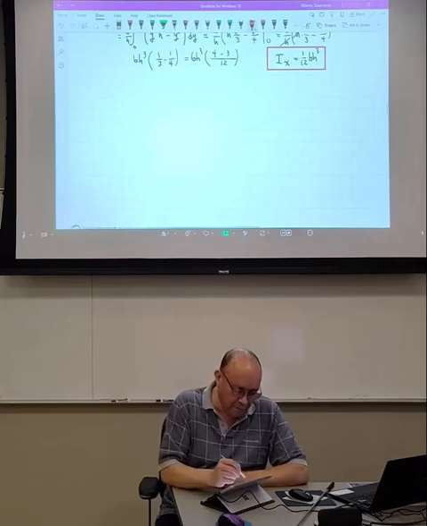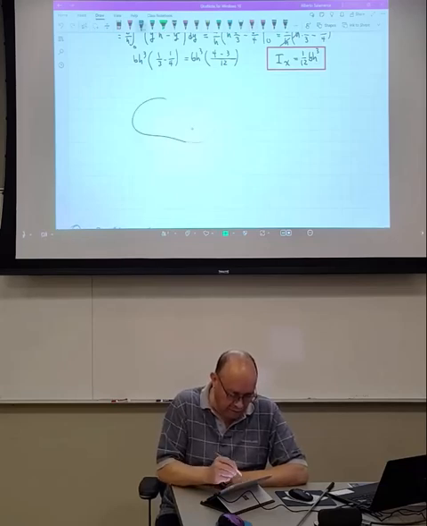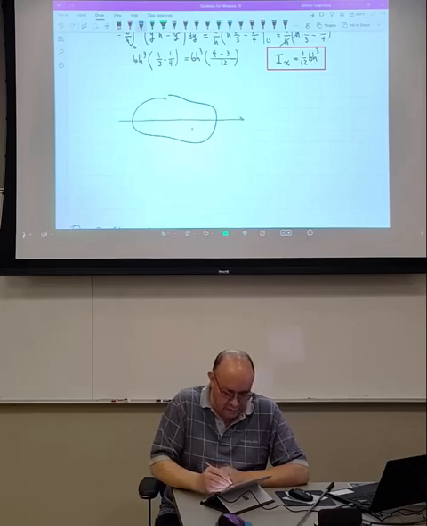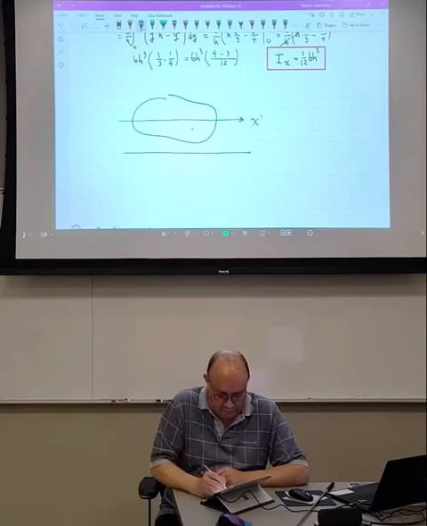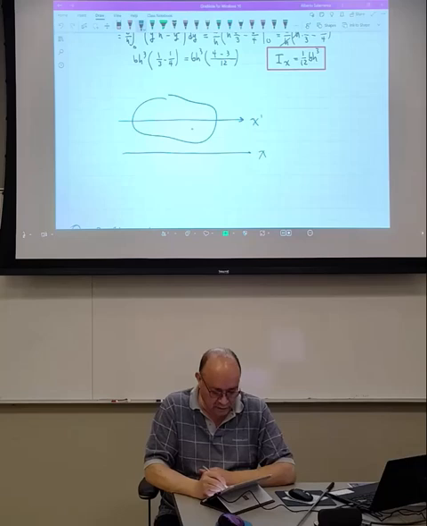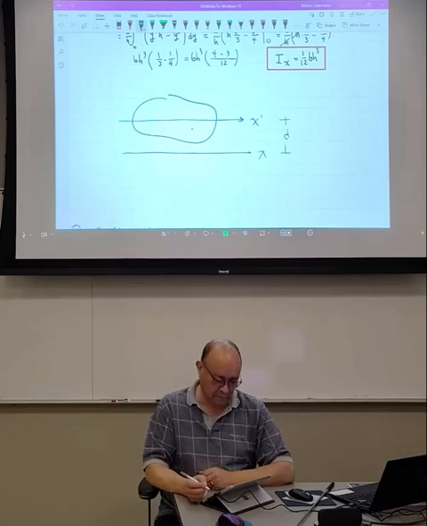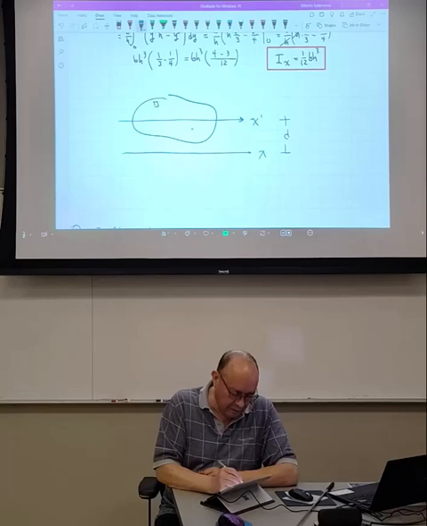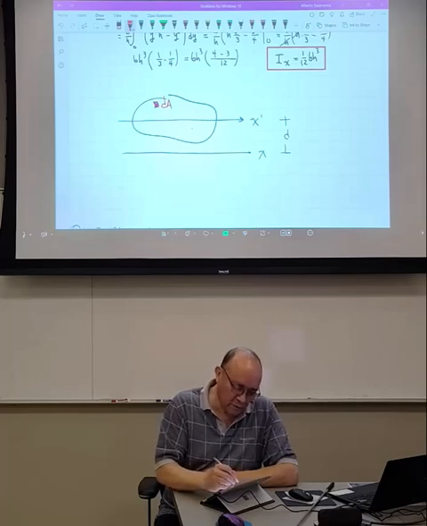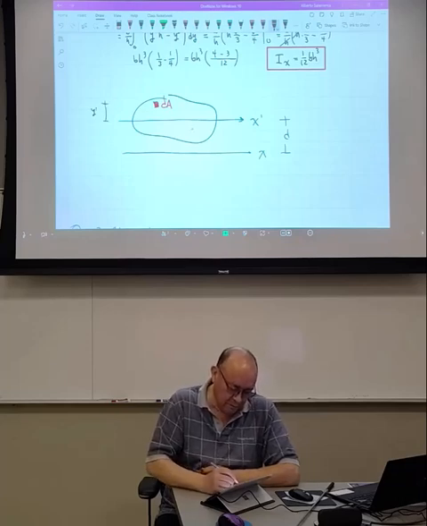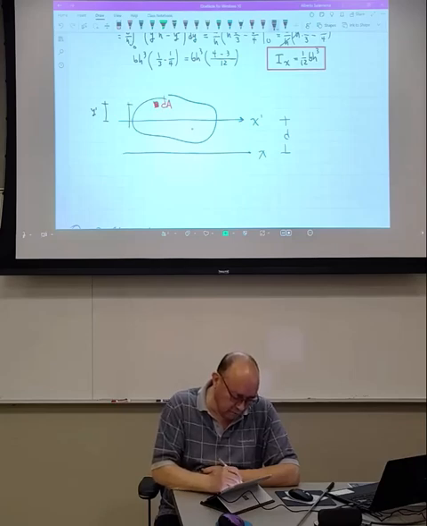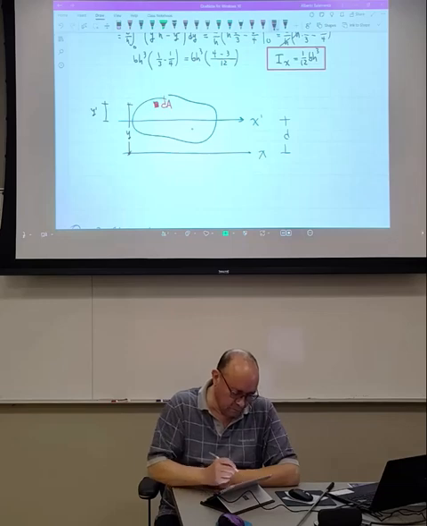If you have any figure, and this is a centroidal axis, and this is another axis parallel to that one, and they are separated by a distance d, and this is an element of area dA, this will be the distance y prime, and this will be the distance y, right?